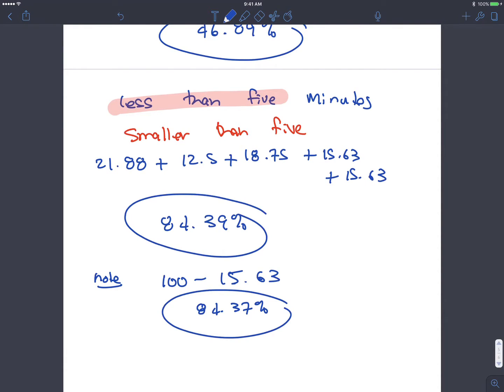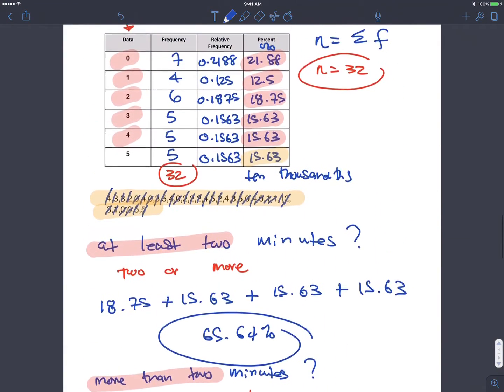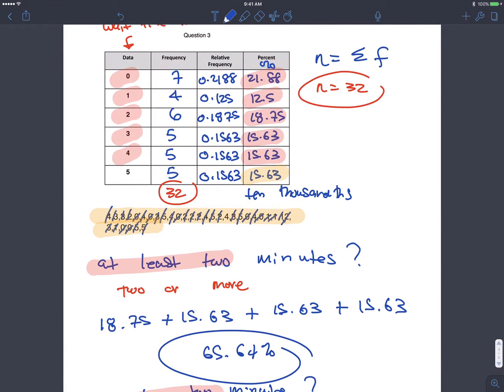Now you may look at these two and say they're not the same. And you're right, 84.37 is not the same as 84.39%, but they are approximately the same, because we approximated our relative frequencies. All of these relative frequency values are approximate, and we threw a lot of information away.